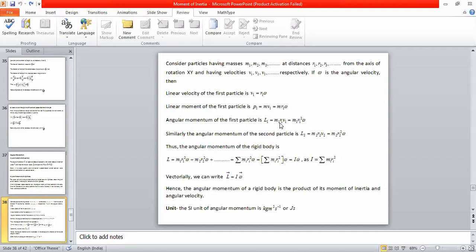Or let us use the expression m1 r1 v1, because writing in terms of omega brings in radians, so we can avoid that. Mass is kg, r1 is meter, and velocity is meter per second. So meter into meter gives meter square. Therefore the SI unit of angular momentum is kg meter square per second, or you can also write it as joule second. So kg meter square per second is the same as joule second.